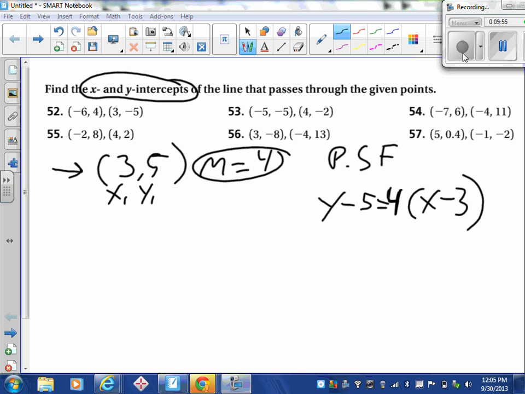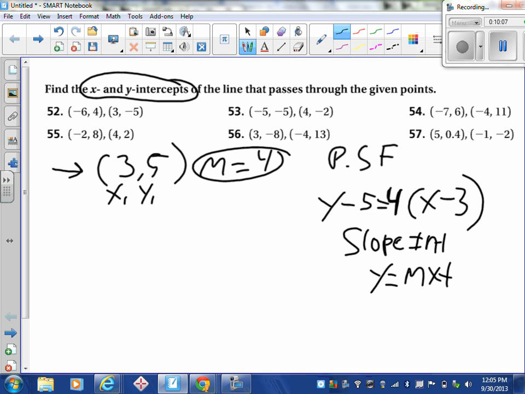If I want to find slope intercept equation, which is y equals mx plus b, I know that my slope is 4. I can rewrite this as y equals, my slope is 4, my x is 3 plus b.